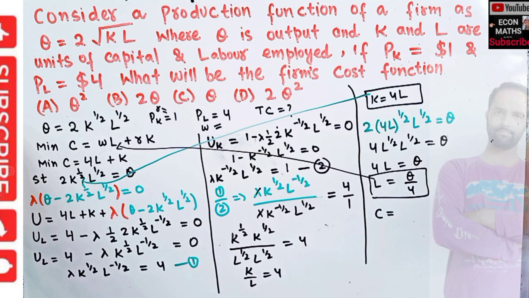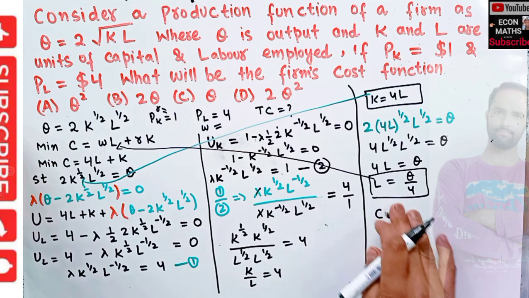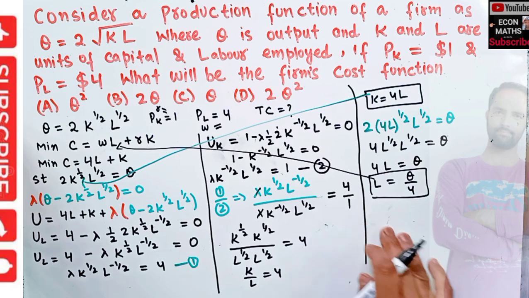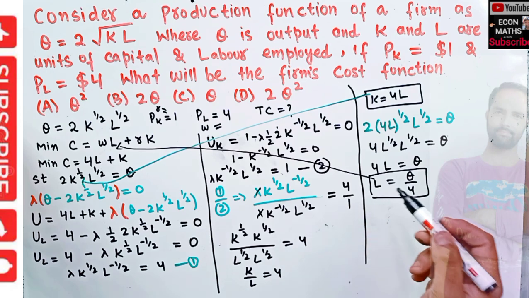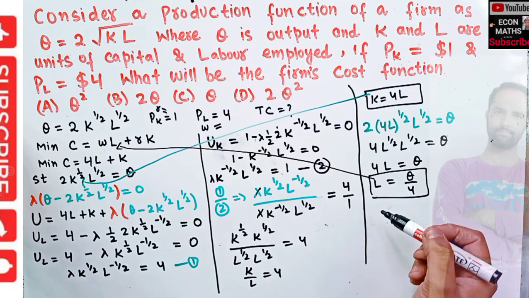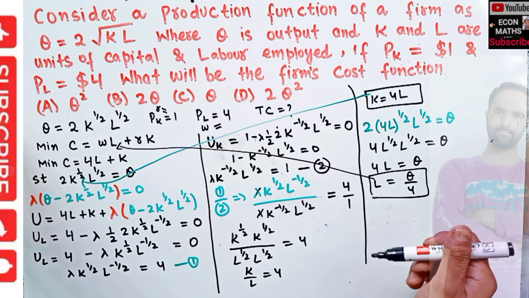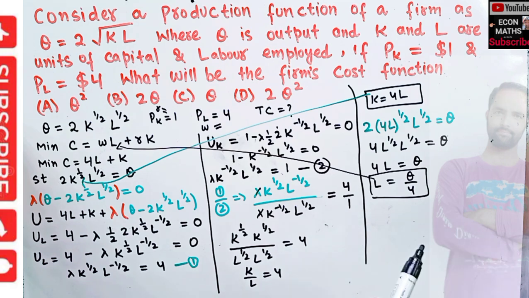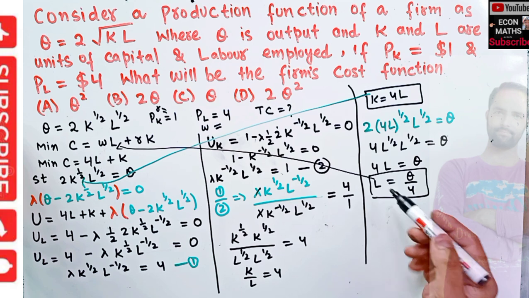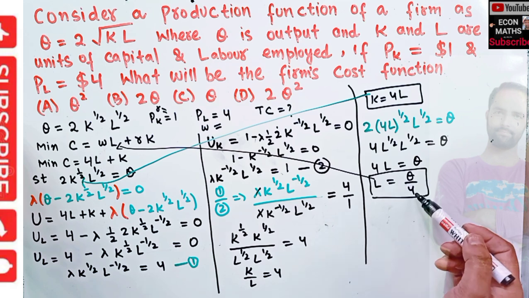So L is equal to Q upon 4. No, what will we do? We have done this. Now let us do one thing here. So L is equal to this stuff.